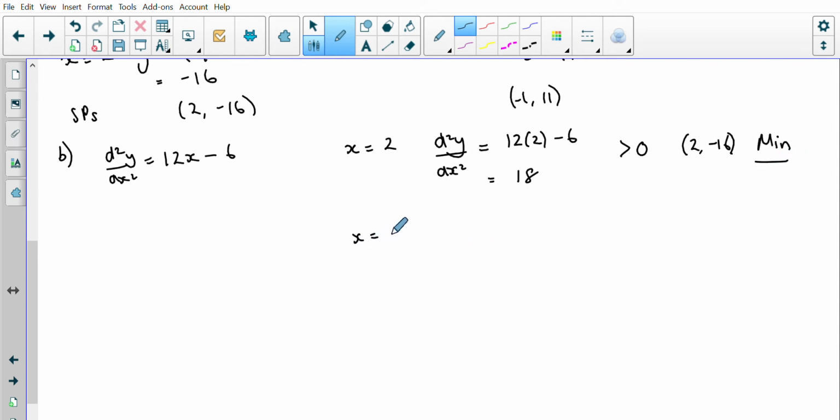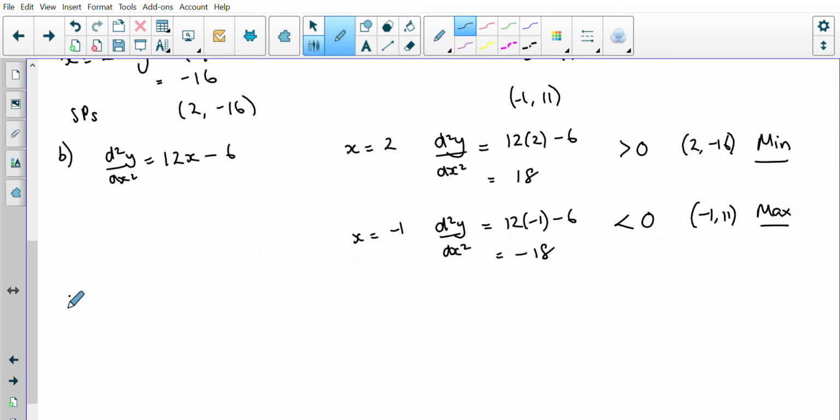And at x equals minus 1, d2y by dx squared equals 12 times minus 1 minus 6, and that's going to give me minus 12 minus 6, so that's minus 18. So that gives me d2y by dx squared is less than 0, telling me that (minus 1, 11) is a maximum point.